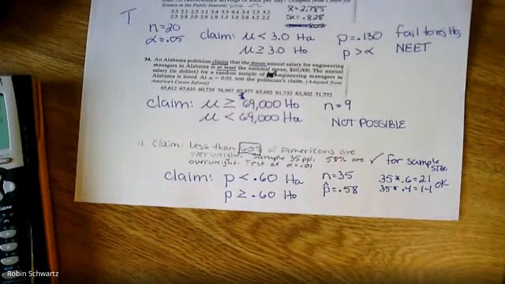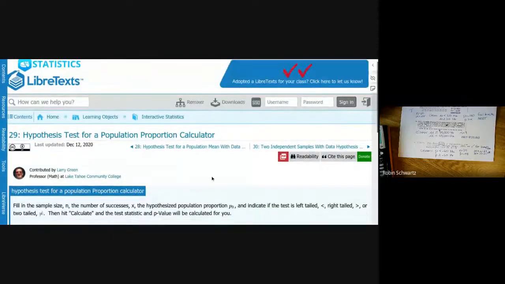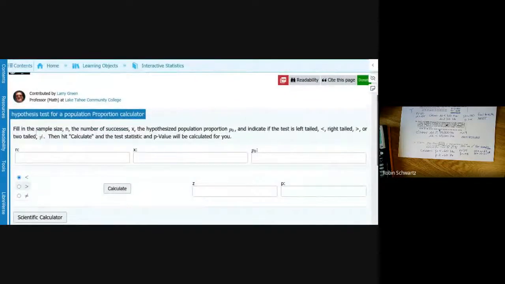So I'll go back, present now. Here's the proportion one. Share. And if you look, it's number 29, hypothesis test for a population proportion calculator. If you look, it's telling you what to put in, sample sizes and the number of successes in your sample.